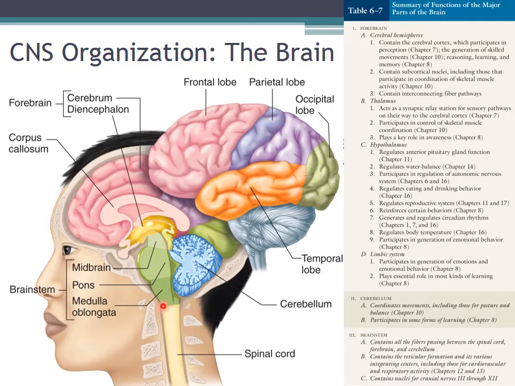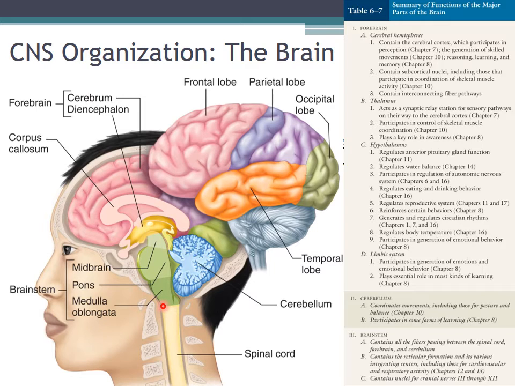The medulla oblongata in particular has processing centers involved in the respiratory system. These are called the respiratory rhythmicity centers, and they generate the electrical signals that determine your respiratory rate or your respiratory rhythm.